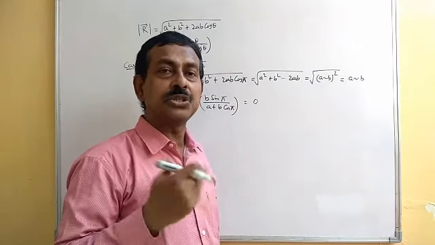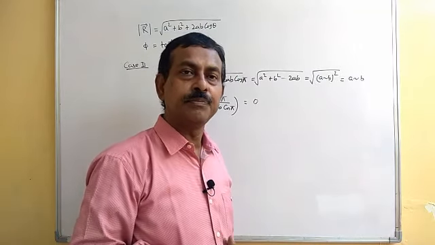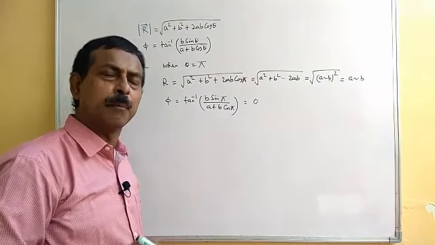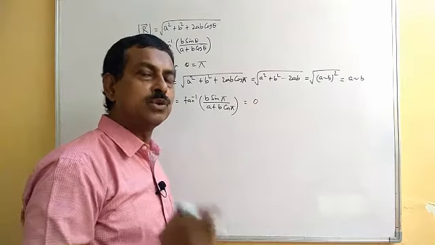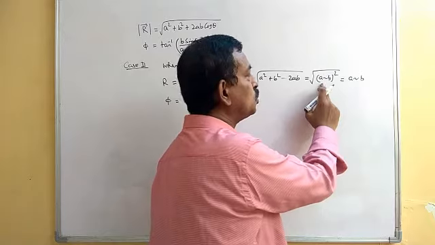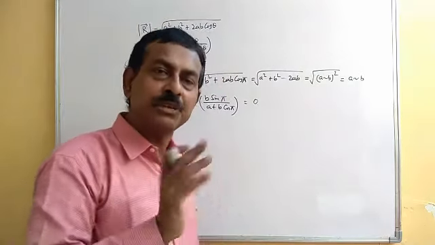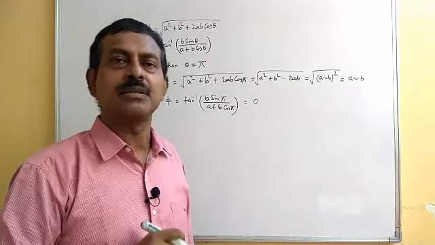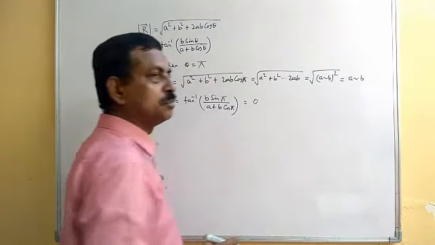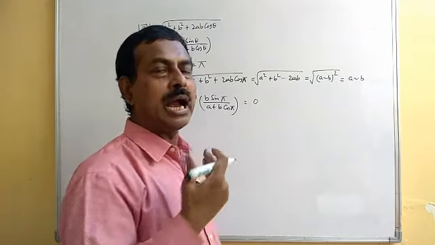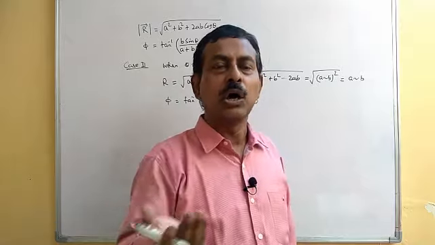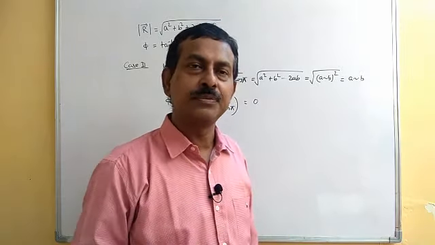So it is 3 minus 4, and what will we write? Minus 1. But what is this R? R is the magnitude. Magnitude cannot be negative. So just to get rid of such confusion, it is better if you use A difference B. Whichever is the bigger one, from there we'll subtract the other one. So that is why we are using A difference B. So if it is 3 and 4, whether you take the difference of 3 and 4, it is 1, or 4 and 3, that is also 1.